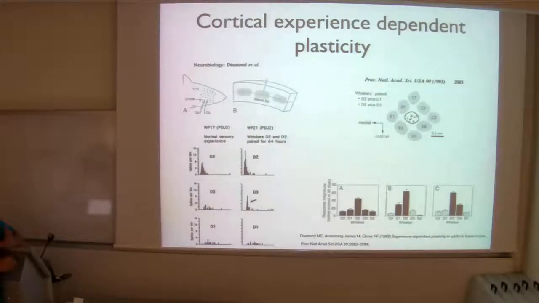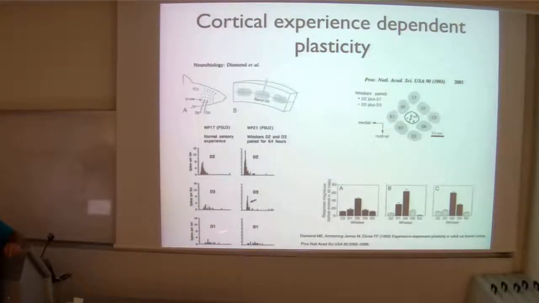So this is kind of creating a Hebbian plasticity, if you like. I pair the activity of the D2 whisker to the activity of the neuron, and then indeed the activation to D3 is now enhanced.